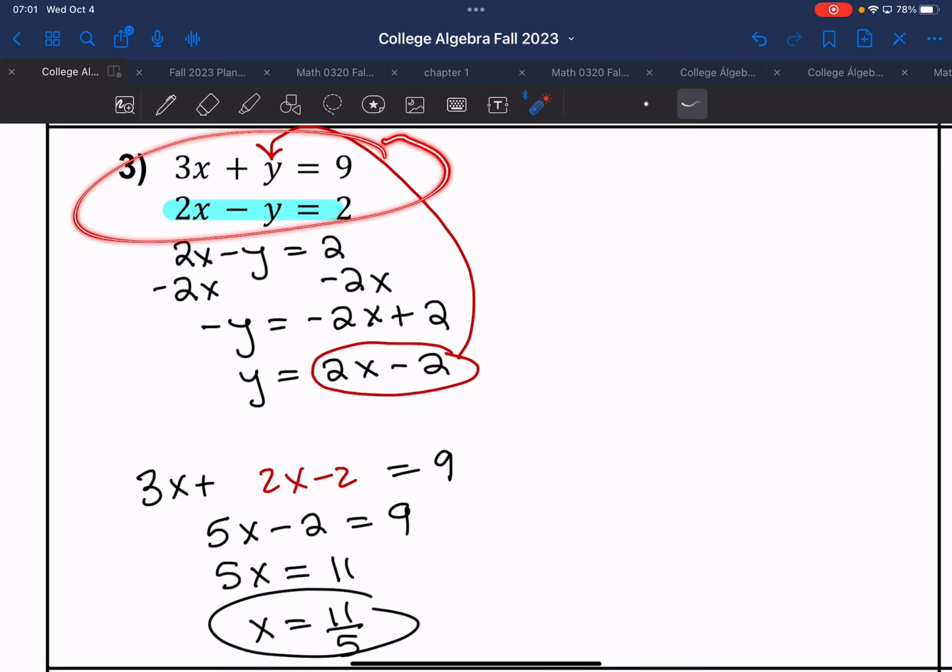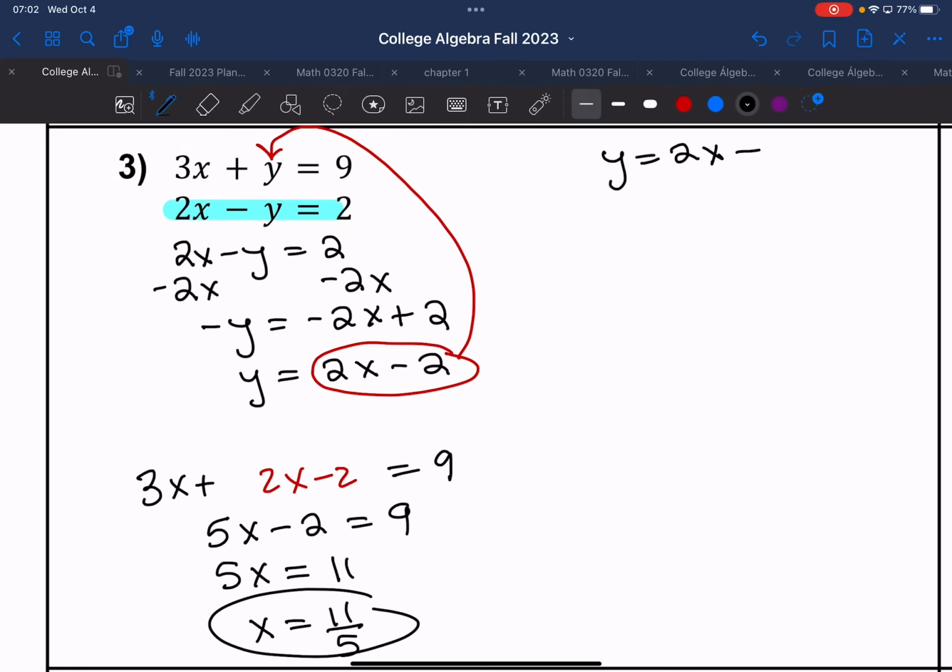It doesn't matter, as long as you're plugging it into either an original equation or when you got your variable by itself. Either way, you're going to get the same answer. So I'm going to go ahead and plug it into that y equals 2x minus 2. Our x was 11/5, so y is equal to 2 times 11/5 minus 2. What is 2 times 11/5?